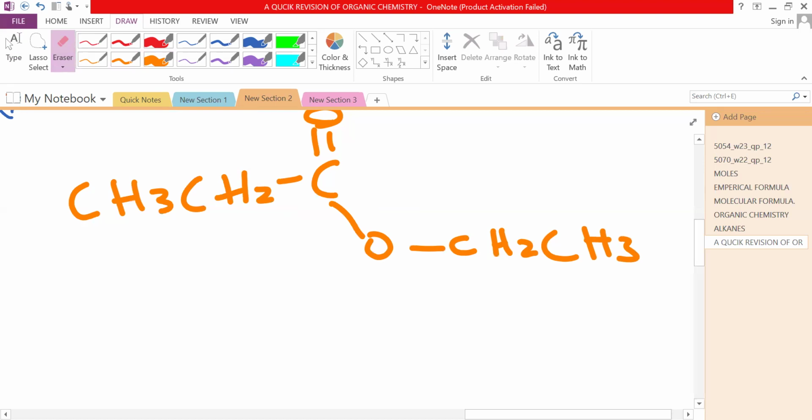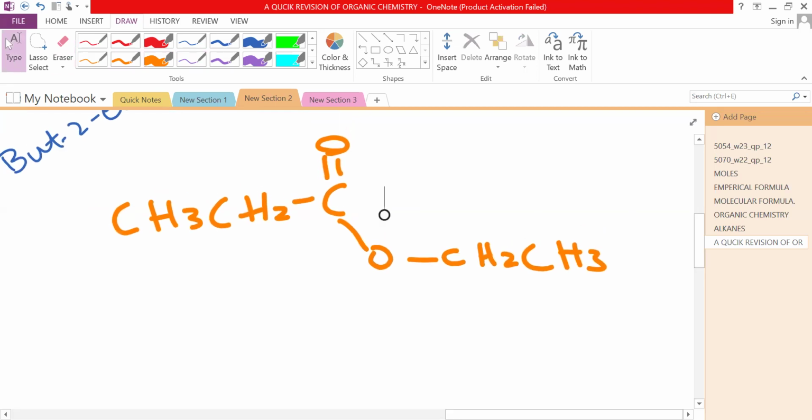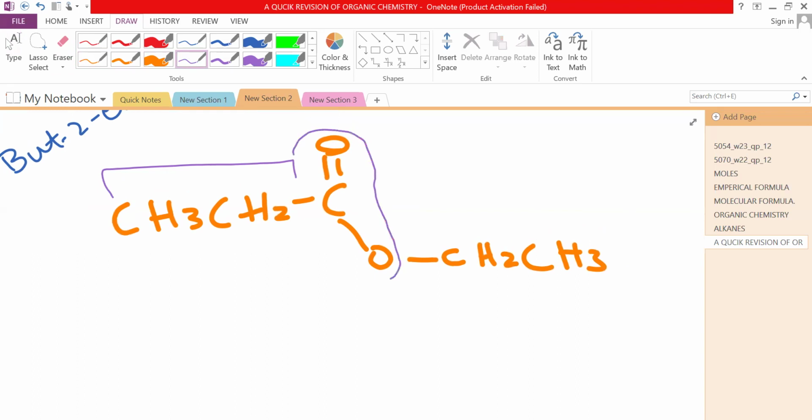So let's name this ester. The structure I have drawn right now on the screen is the structure of an ester, and this starting part is the acid. How do you recognize that it is an acid? You recognize it from this double bond and single bond of oxygen.